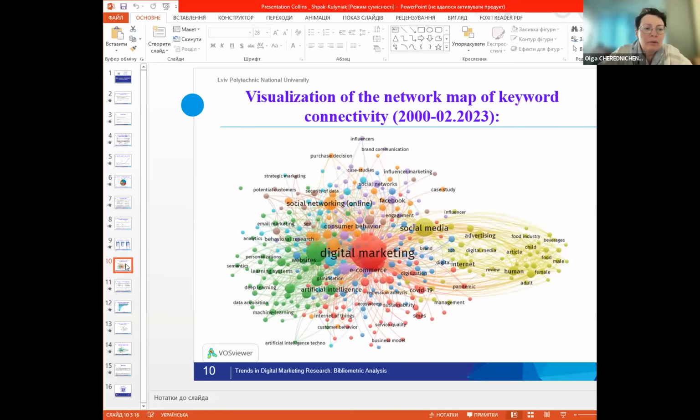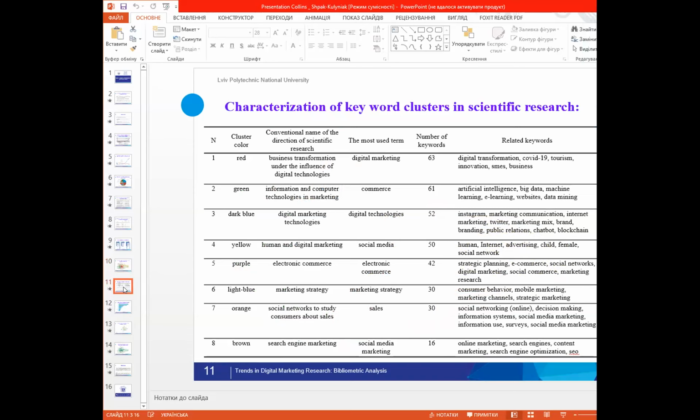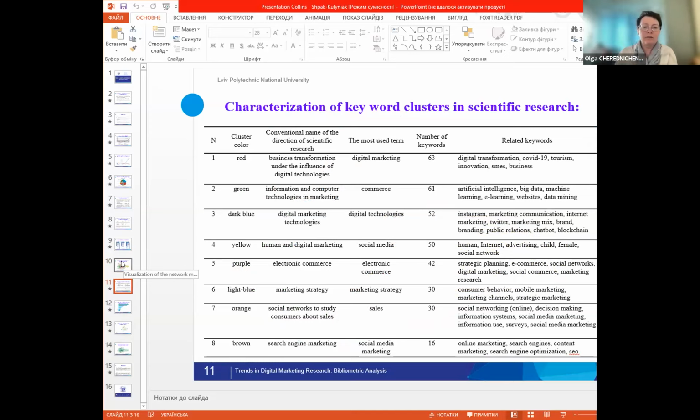It was the table in your slides. Yeah, here. The first and the second cluster, I think, are the same for numbers of keywords. And could you please comment, what do you think, why it is so popular, digital transformation, COVID, tourism, and the same number for artificial intelligence, big data, and so on?